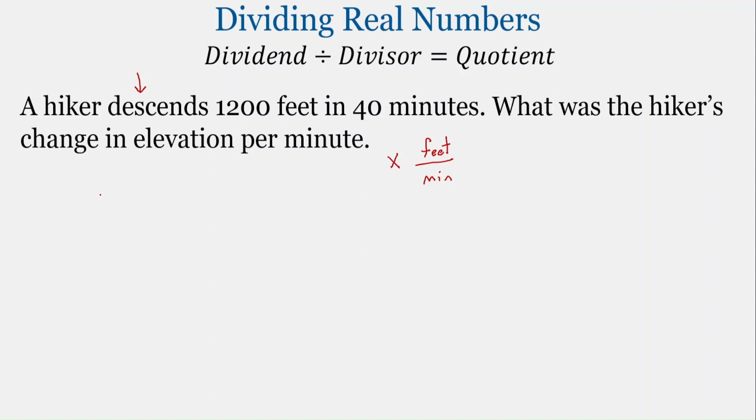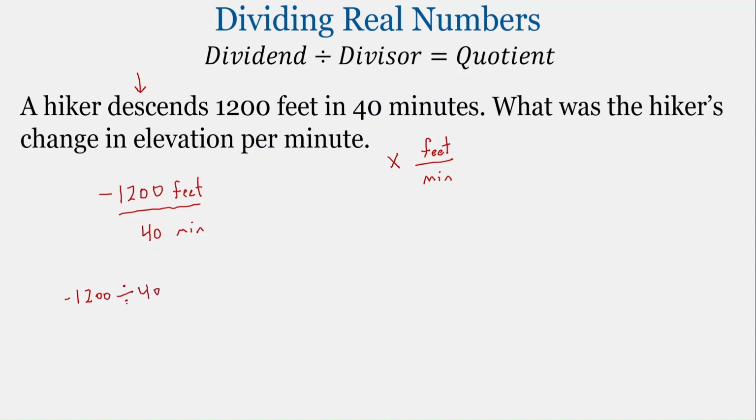So he descended 1,200 feet. I'll go ahead and put the negative to imply we're decreasing in elevation. And that is 1,200 feet in 40 minutes. So this math is negative 1,200 divided by 40.